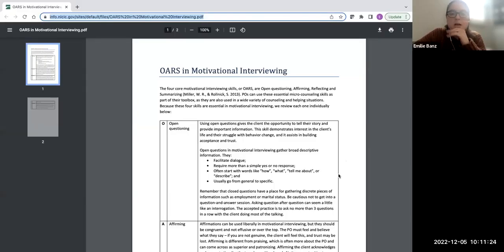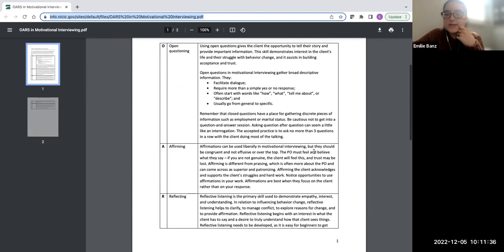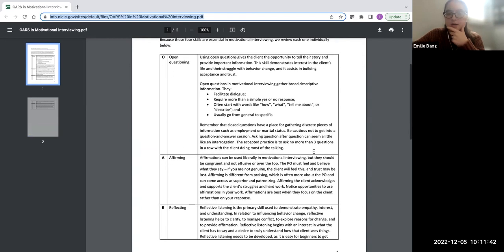So this is just a general overview of what OARs is in motivational interviewing. And these 4 skills, open-ended questions, affirming, reflecting, and summarizing, are the 4 core skills, okay? And anybody can use these skills.